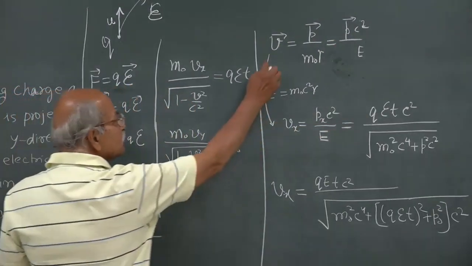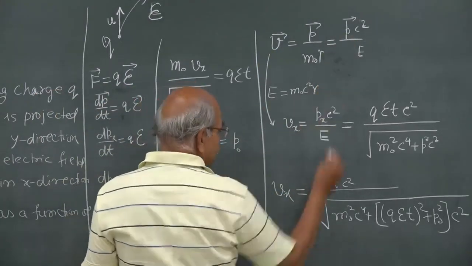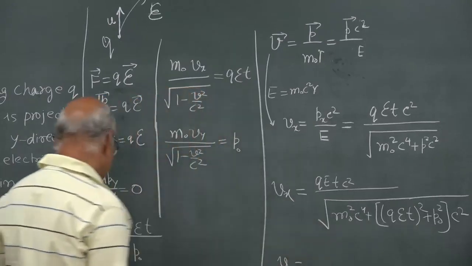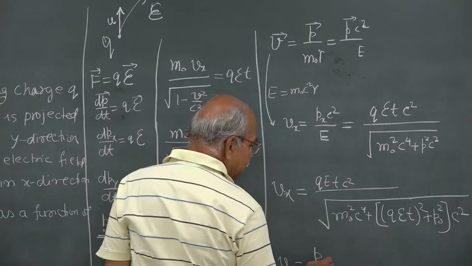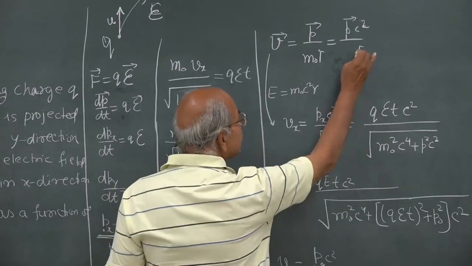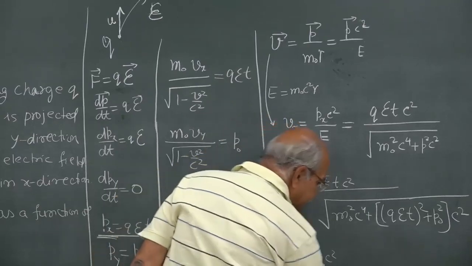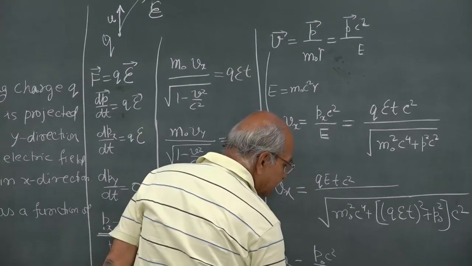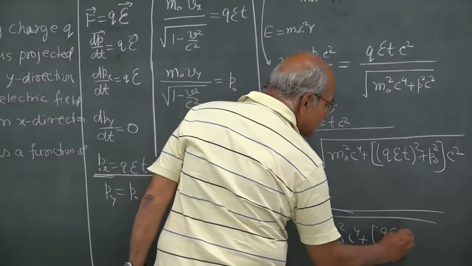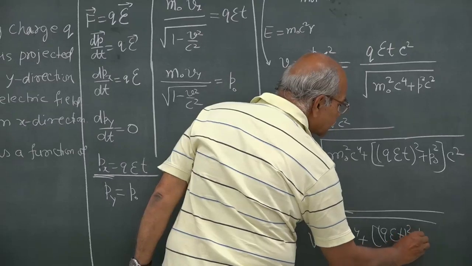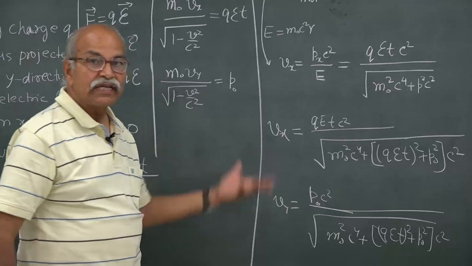Similarly, Vy is Py over E, and Py is P naught. So it is P naught c square by the same total energy, the same denominator: m naught square c4 plus Qet square plus p naught square, times c square. So, that is it.